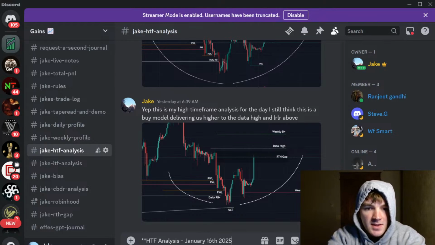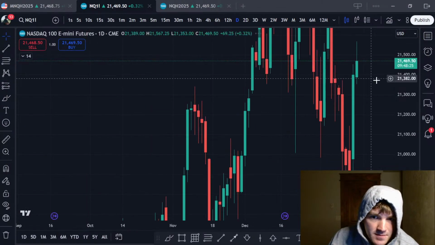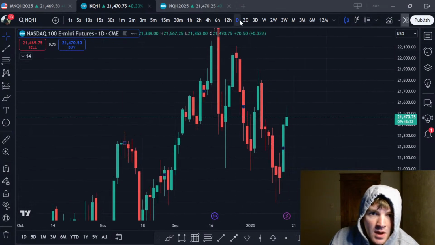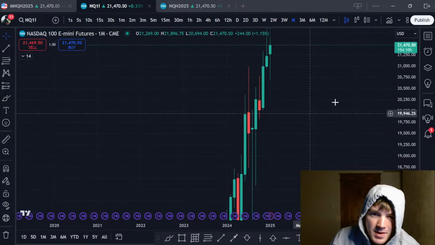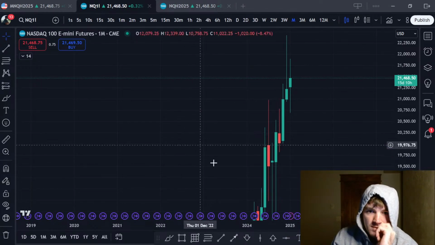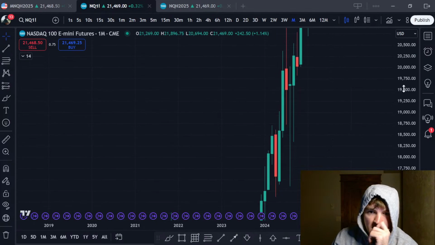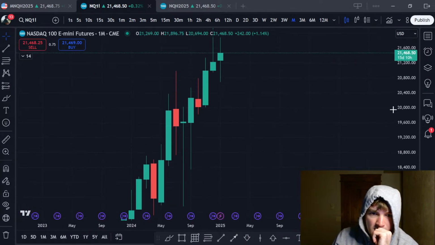I think this is the best way to go about it, because otherwise I will forget to do this, and that's not good. So let's just start out on the monthly. On the monthly, we have this fair value gap here.